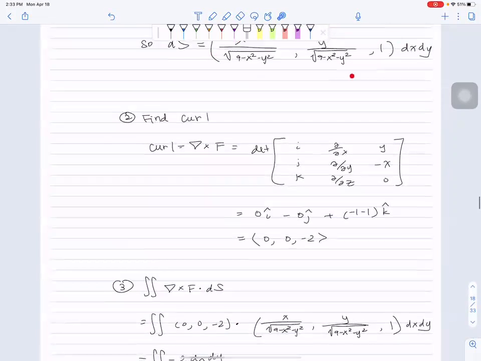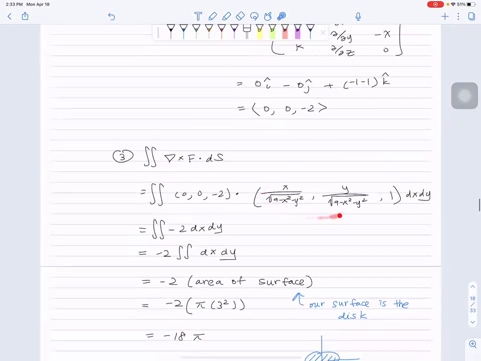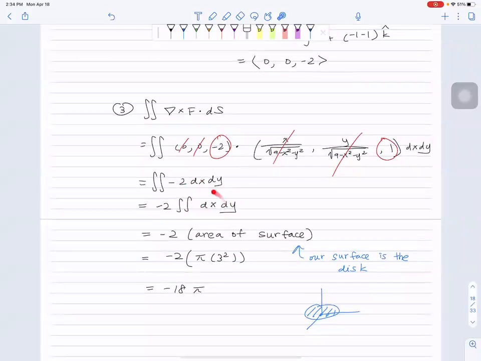Capital dS was this whole thing I found above. And we're doing the dot product. So 0 times this becomes 0, plus 0 times this is 0. You're just left with -2. So we have -2 dx dy, or what is the double integral of dx dy? We know that that's the area of our surface.